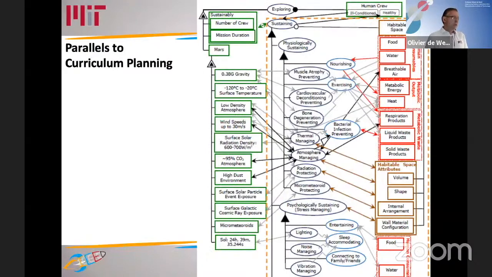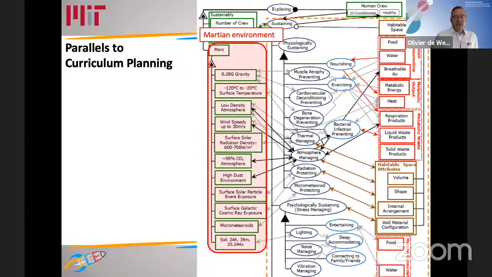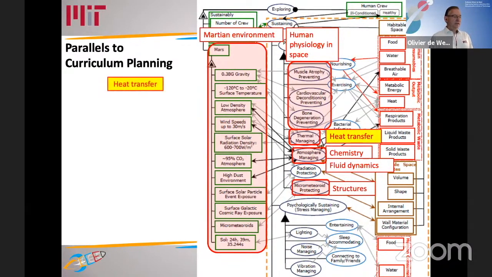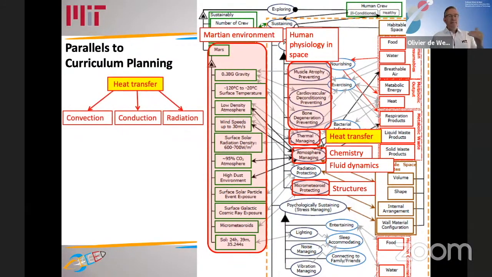And so the other thing I will say, which is really cool in this ISED approach, is the parallels to curriculum planning. So all of those things we've talked about, understanding human physiology in space, heat transfer, chemistry, fluid dynamics, structural engineering, all of those key concepts require knowledge. There's governing equations, there's key principles behind it that can be taught at every level.